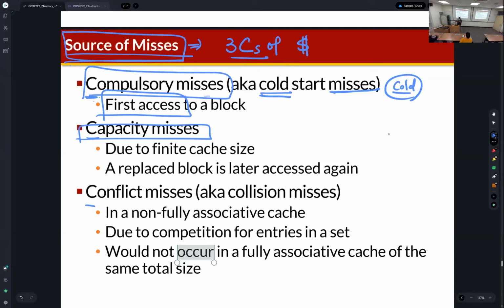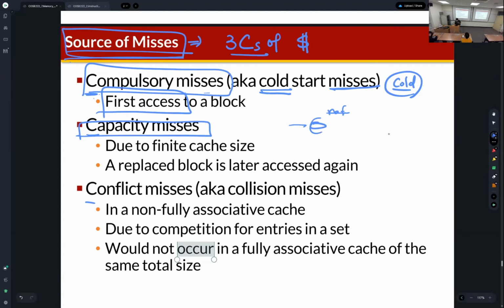If the cache size were infinite, this data could be re-referenced and found in the cache. But because of the limited size of the cache, this data can be evicted before re-reference. This kind of miss is called capacity misses.